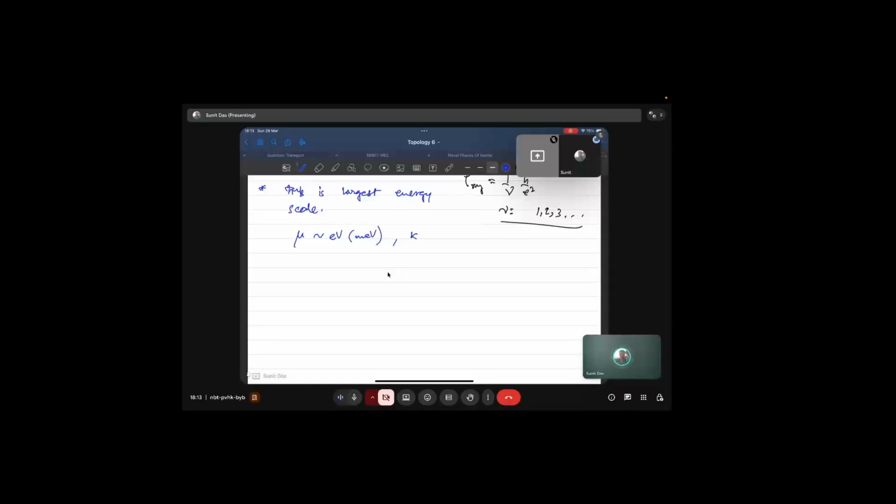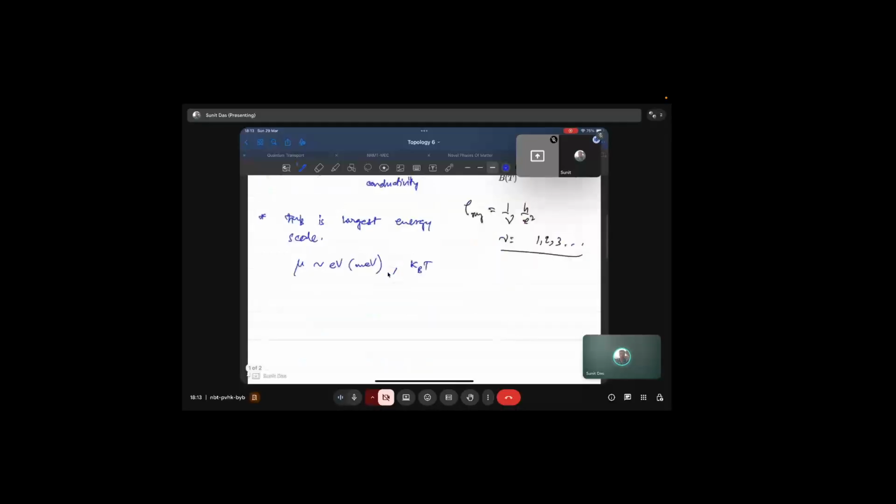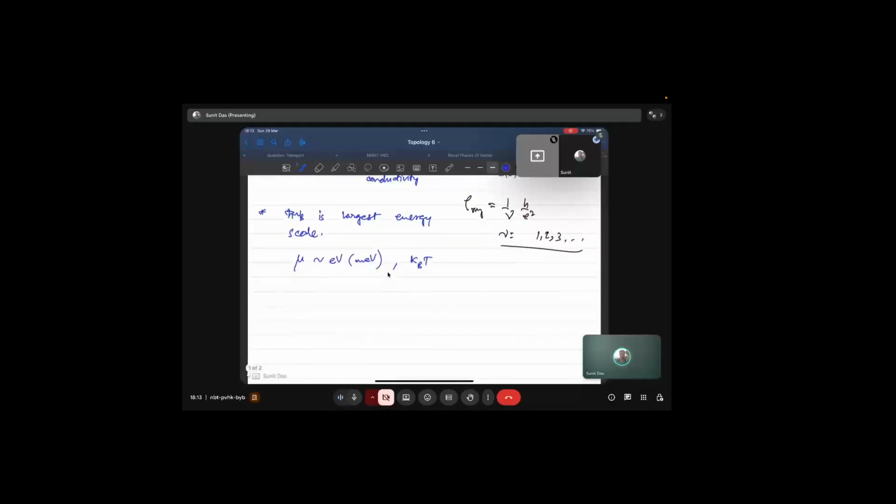And then you have the intrinsic kBT, which is the temperature scale, right? These experiments are done at a very low temperature, of the order of a few Kelvin at max. For graphene-like samples, people usually experiment at the millikelvin level also.